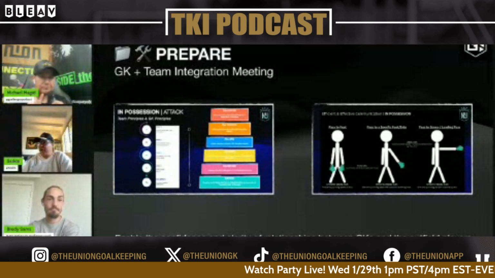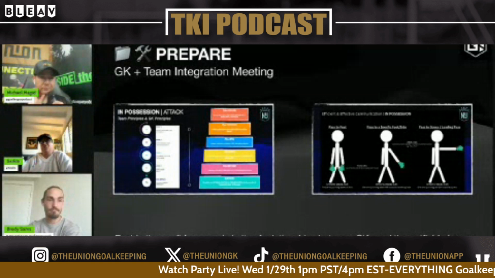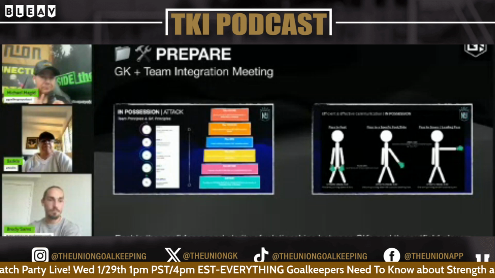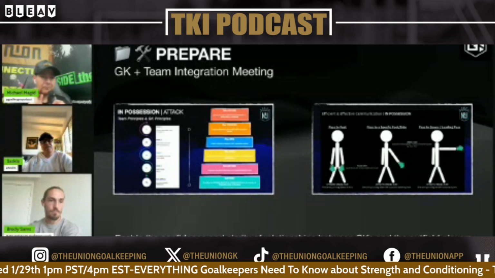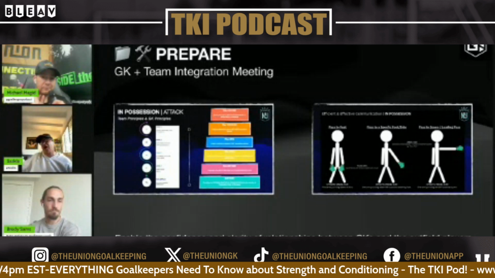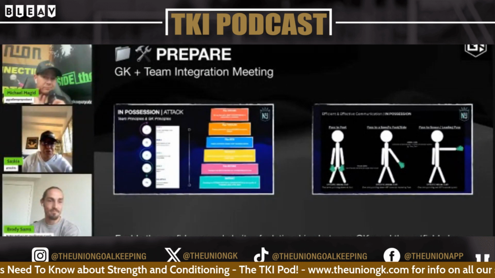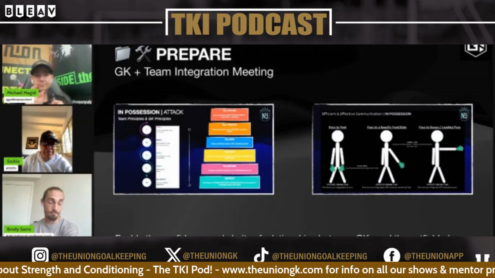They grabbed Kaylin, which was great, but I know they're going to look for other keepers that fit that bill as well. So it's not just, this is a great shot stopper, because she might not fit into your mold whatsoever. Yeah.